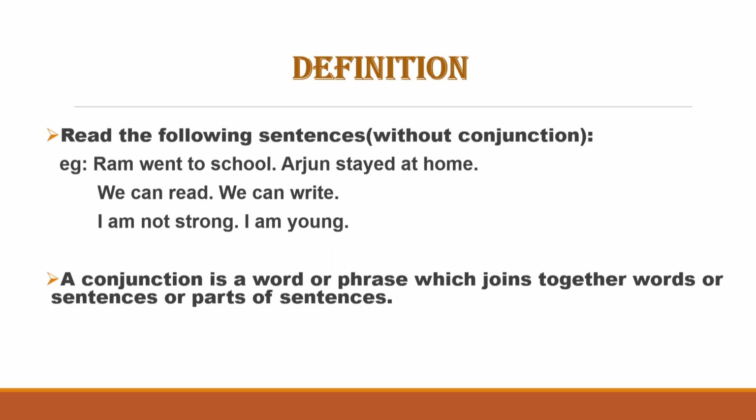On joining, the first sentence would be: Ram went to school, but Arjun stayed at home. Next, we can read, full stop, we can write. After joining, it will be: we can read as well as write.